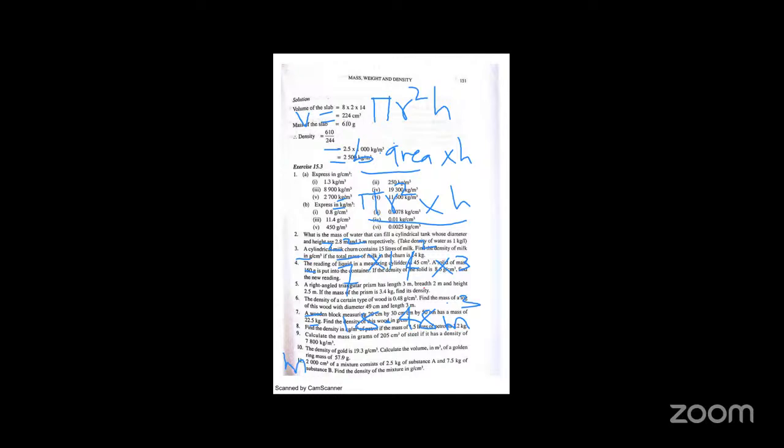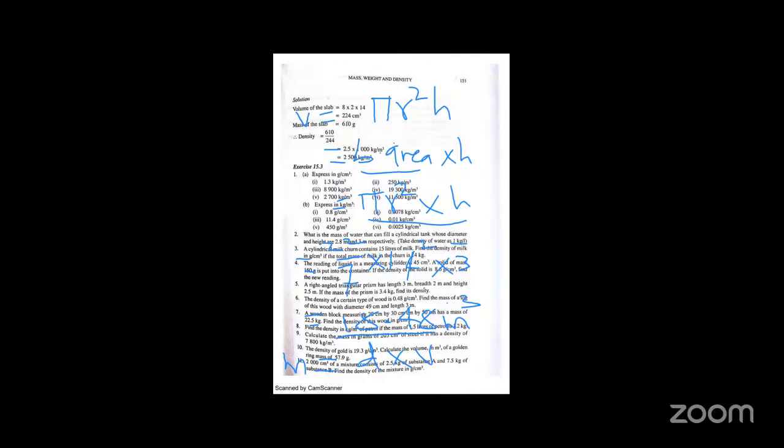So we know that mass is given by the density times the volume. The density given here is in kg per liter, so we change the density into kilograms per cubic meter.